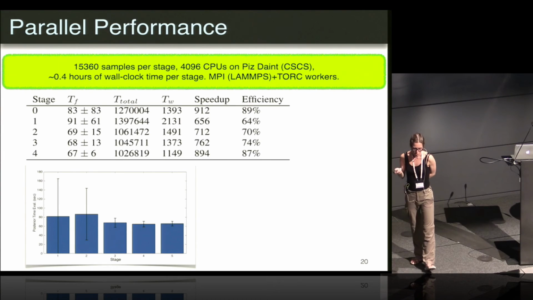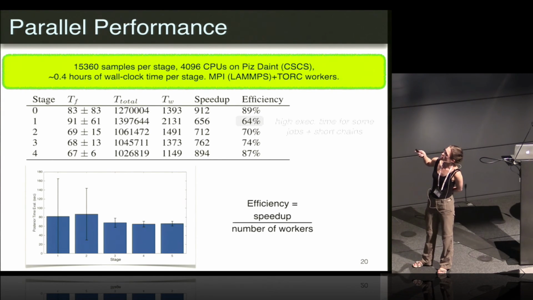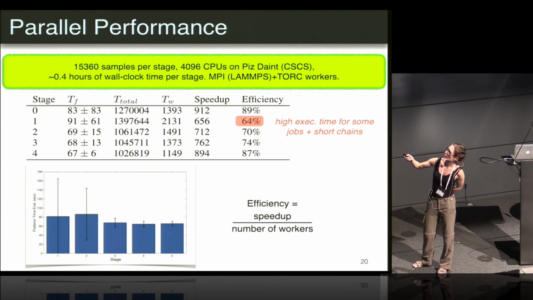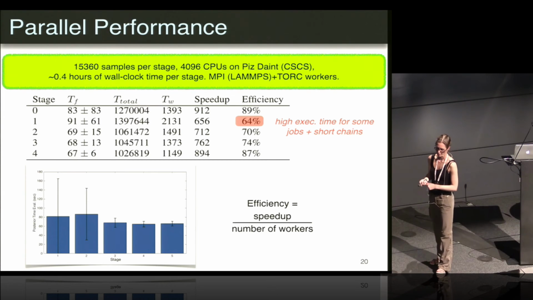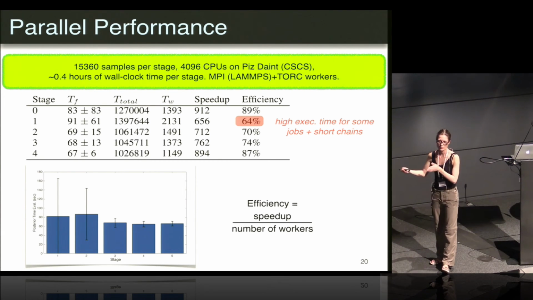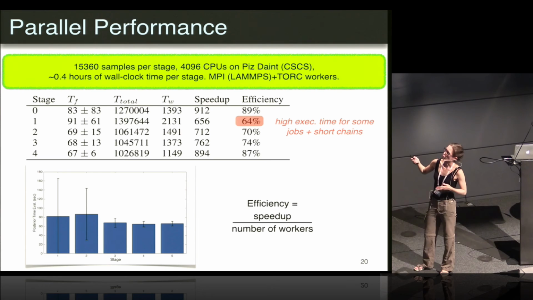It also contributes to the parallel efficiency. Here you can observe that the first stage has the lowest efficiency. I don't mention the zero stage because it's just a bunch of parallel runs. That's because runs with bigger sigma just take a longer time, and at that stage, per worker, we had around 3 chains.